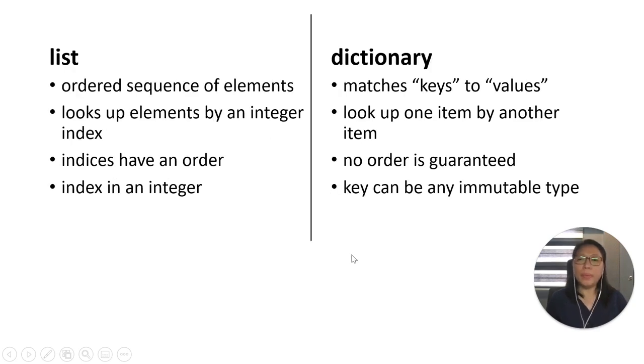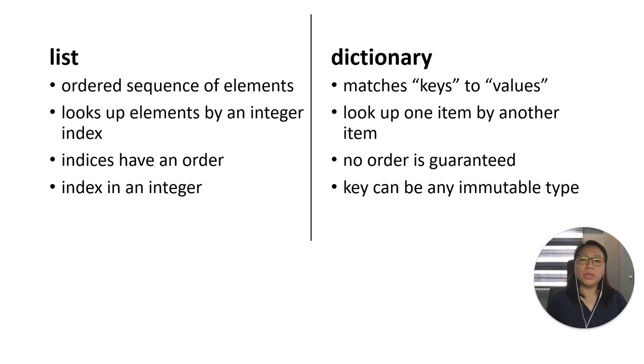So comparing the list and the dictionary, we have these important notes. The list is an ordered sequence of elements, and the indexing is numeric. We use numbers to index an element.